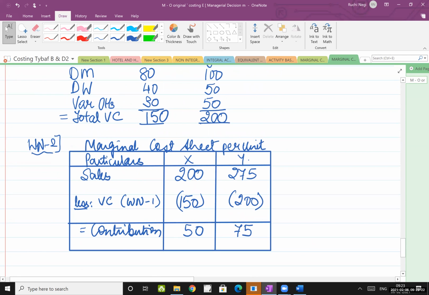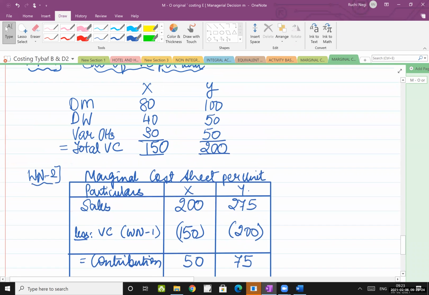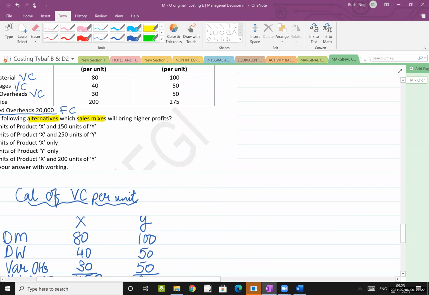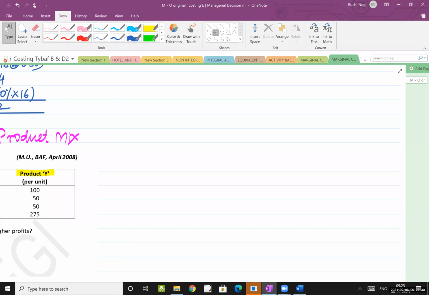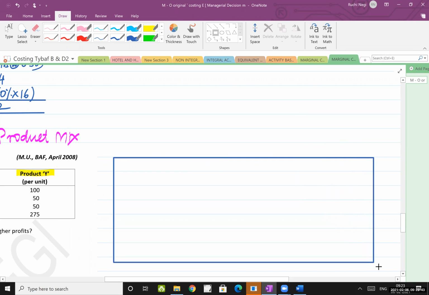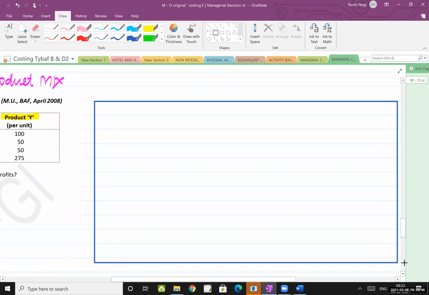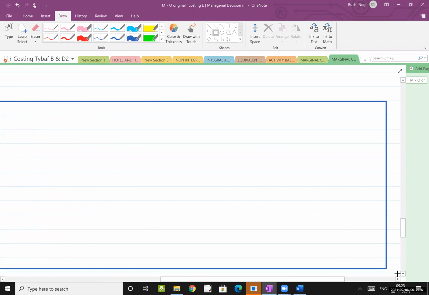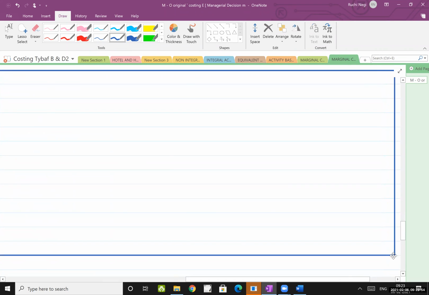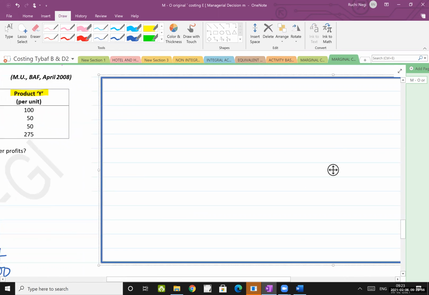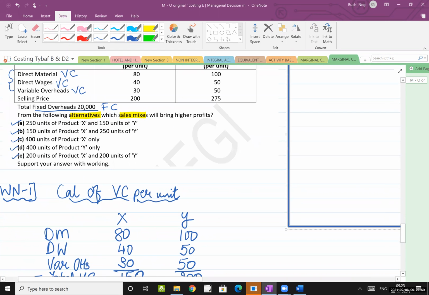Is it clear up to here? Now make your marginal cost sheet. How many options are there? 5, right? So it's going to be a lengthy one. Yes, 5 options.